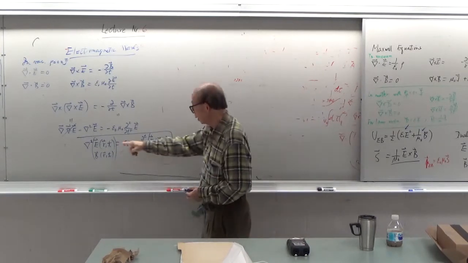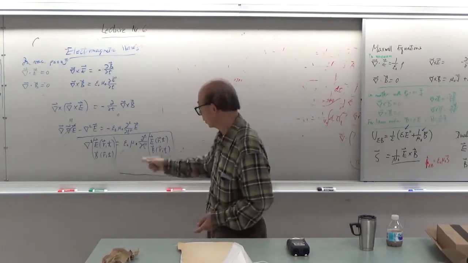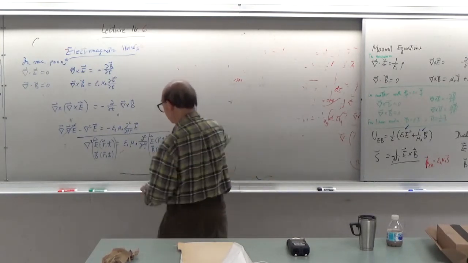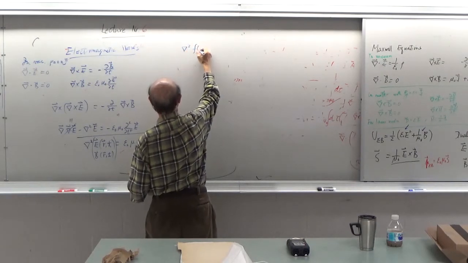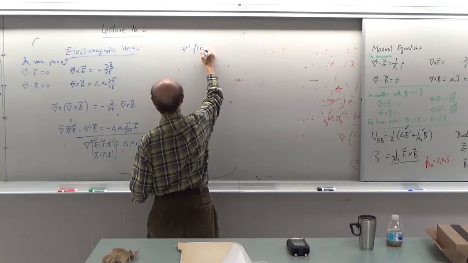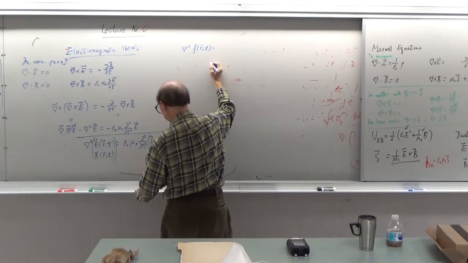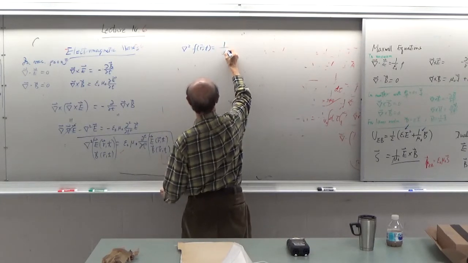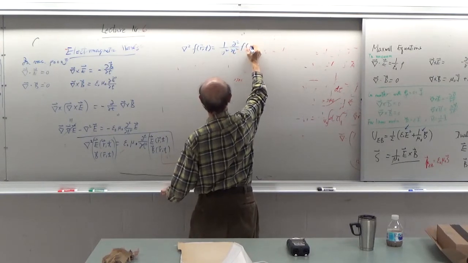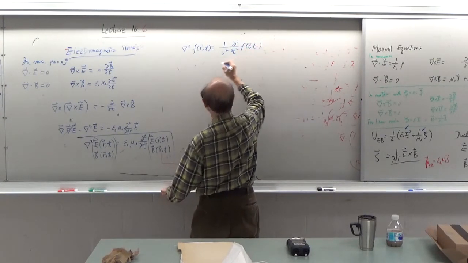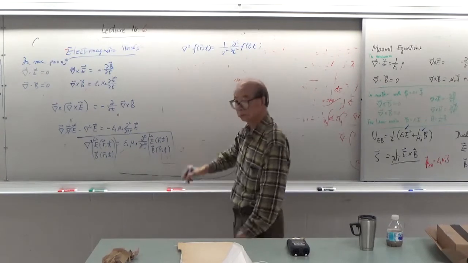So both E and B obey this kind of differential equation, so they are of the form: Laplacian of f, a certain function of r and t, is equal to 1 over v squared del squared by del t squared of f of r and t. They are both of this form.